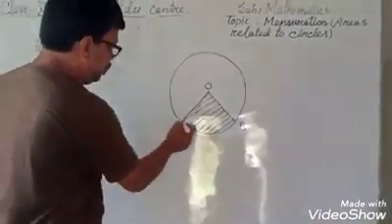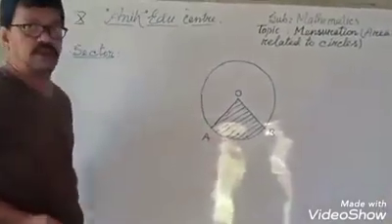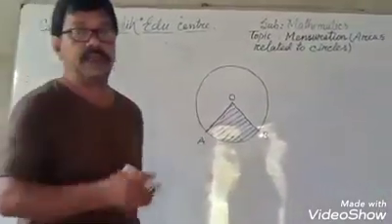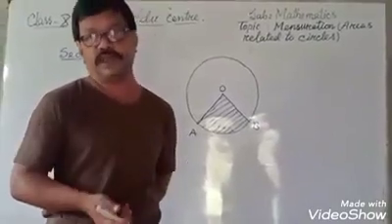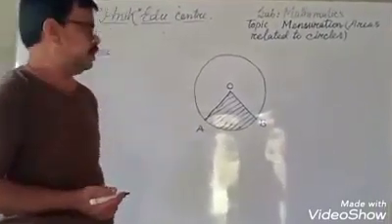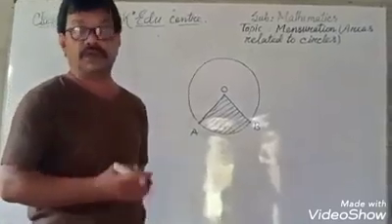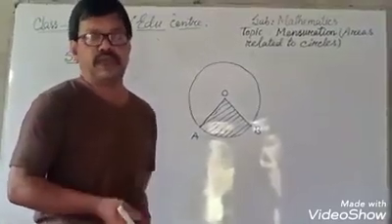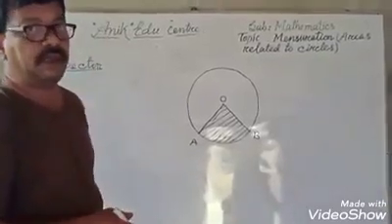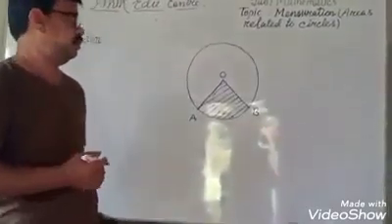Which one is the minor sector? A sector whose area is less than half the area of the circle is called a minor sector, and the remaining part, whose area is more than half the area of the circle, is called the major sector.